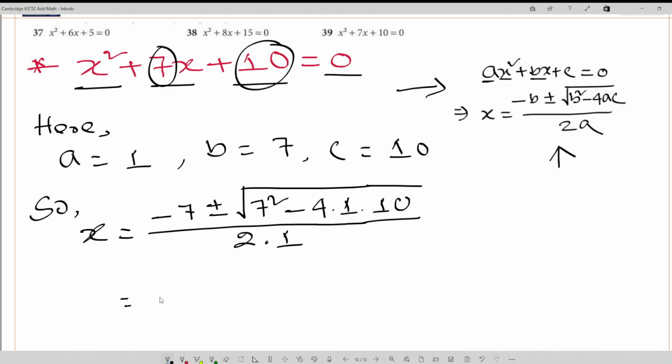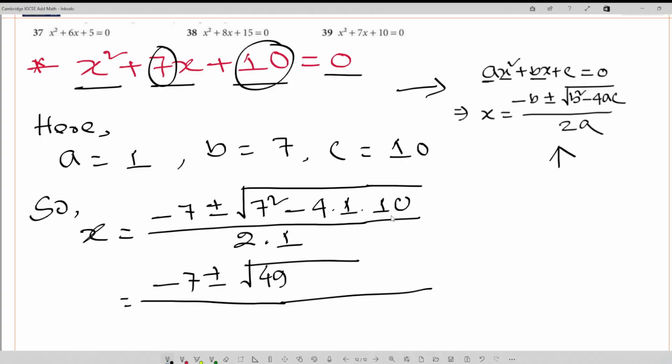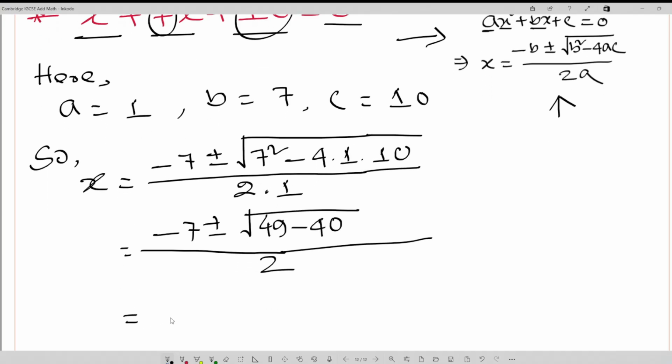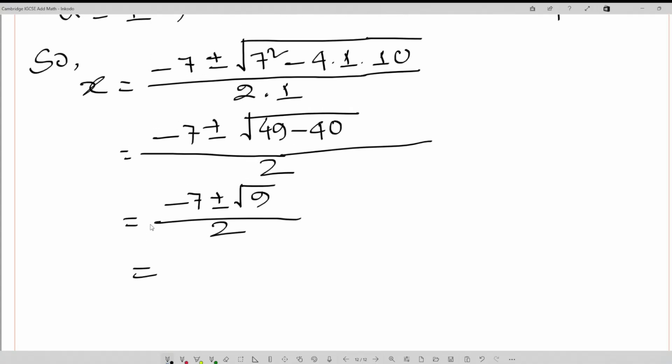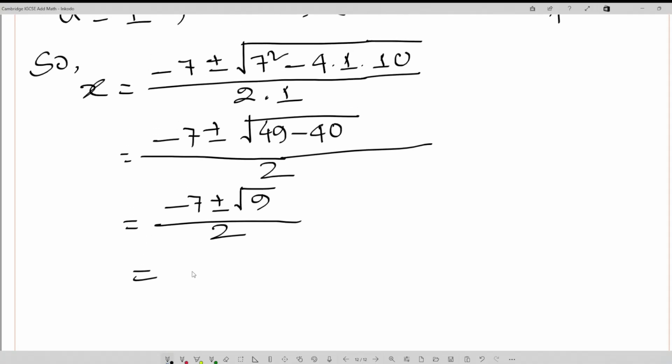Then minus 7 plus or minus root of 7 square means 49, 4 times 10 is 40, so minus 40, divided by 2. Okay, so minus 7 plus or minus 49 minus 40 is 9, so root 9, divided by 2. Okay, so what next?